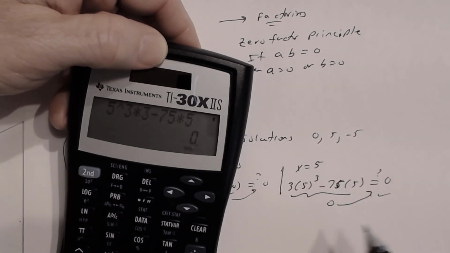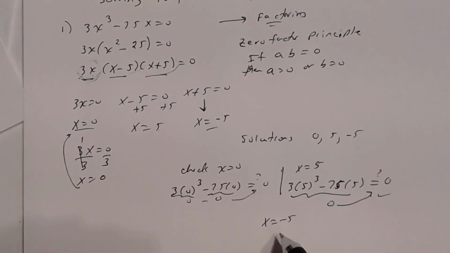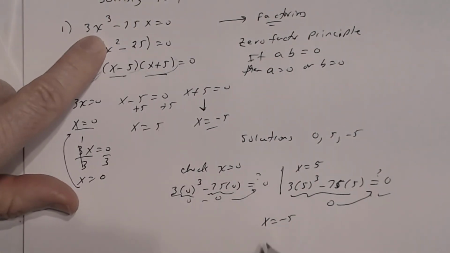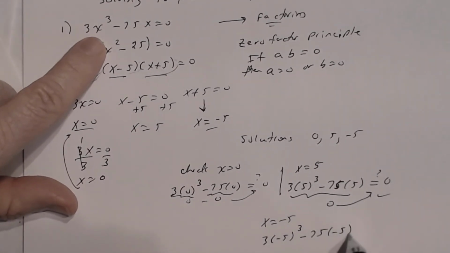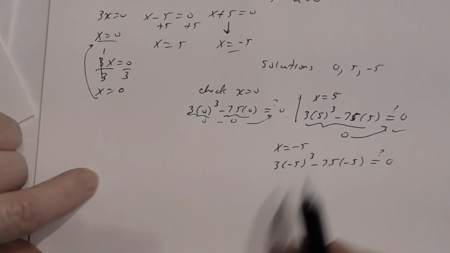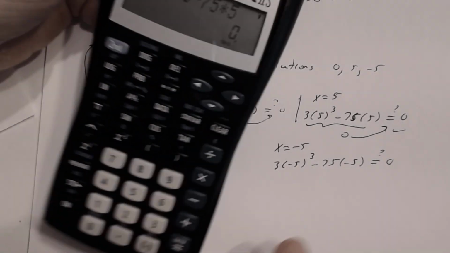And then for negative 5, you can do the same thing. x equals negative 5. Wherever you see the variable x, you substitute negative 5. So I get 3 times negative 5 cubed minus 75 times negative 5. And you want to see if that's going to equal 0. And so if you use your calculator, I'm actually going to go ahead and do each term just to show you.